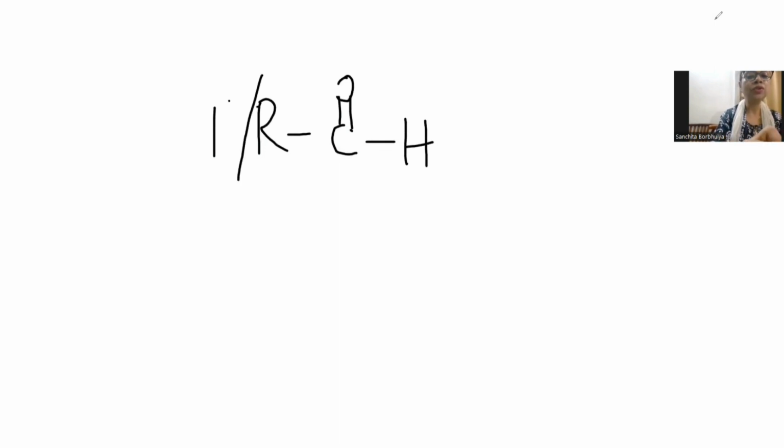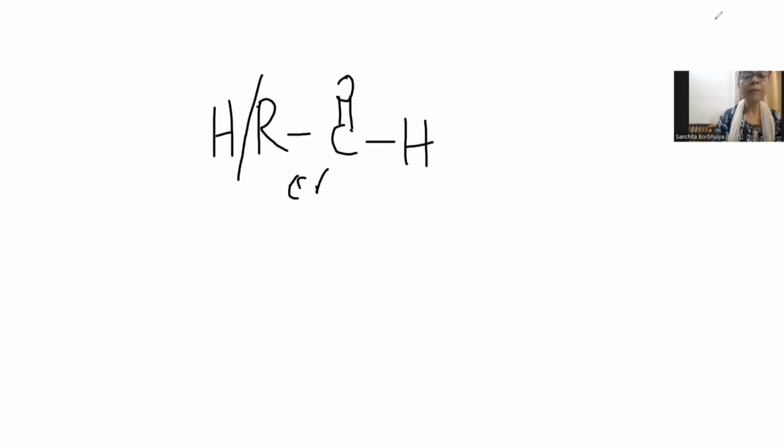We will start with the nomenclature of aldehydes and ketones. If you know the nomenclature, the IUPAC and the common name, half your job is done. So without wasting time, let us start with the nomenclature of aldehydes and ketones. Aldehydes have the general formula R, C double bond O, H, or it can be H also.